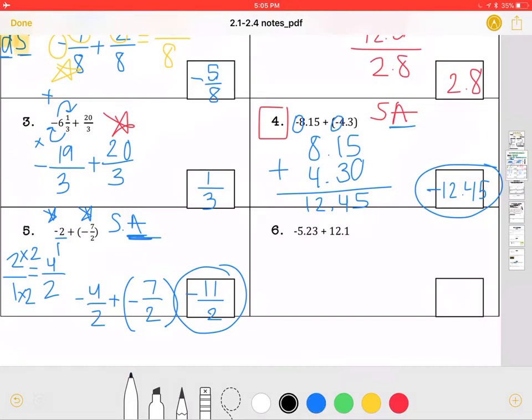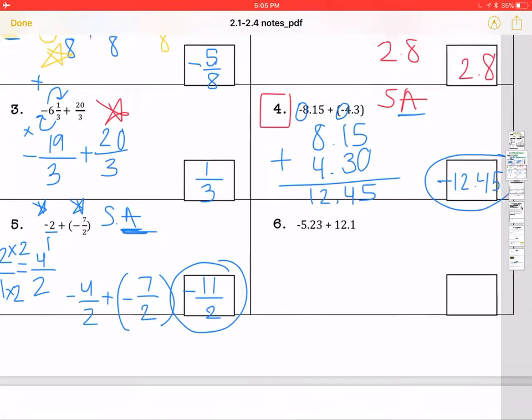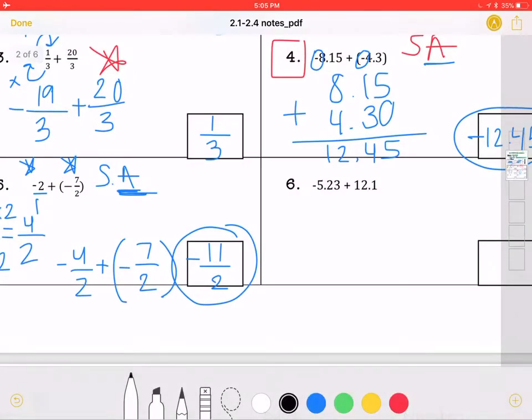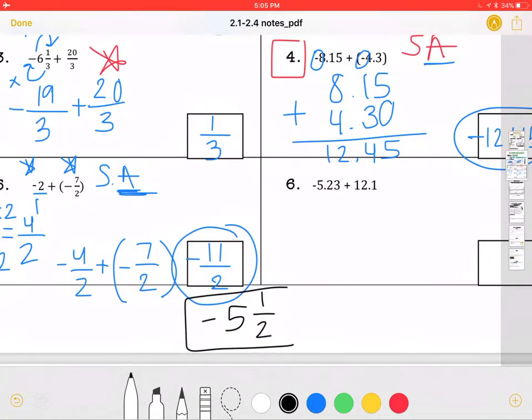I want to simplify it. So let's make it into a mixed number. How many times can 2 go into 11? Hopefully you're thinking 5. That would get me to 10, which means I have 1 left over, and you keep your denominator. So negative 5 and 1/2 is our final answer here.